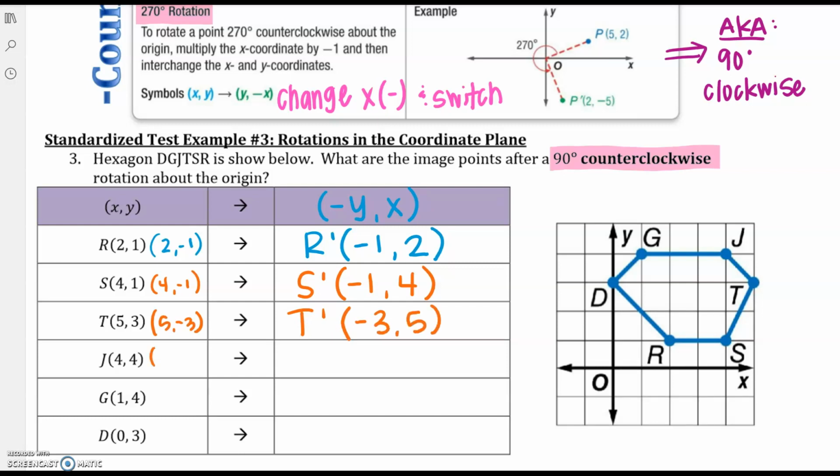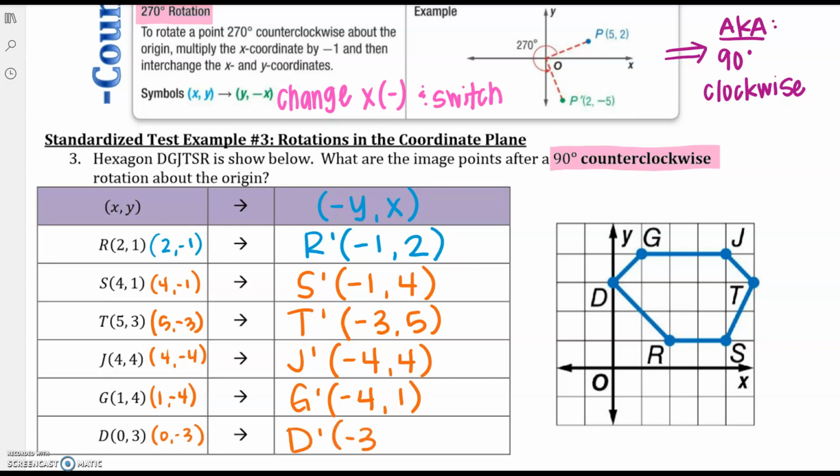J prime, 4, -4 would be it. And then I'm going to flip it. J prime would be -4, 4. Change my Y and then flip. -4, 1. And D, 0, -3 becomes D prime as -3, 0.